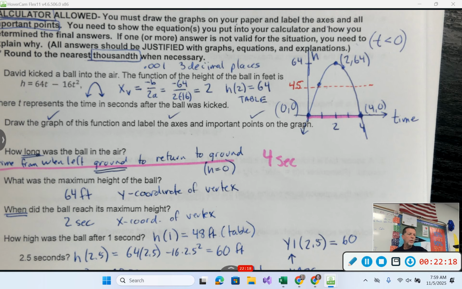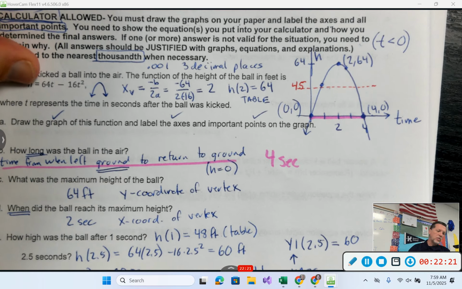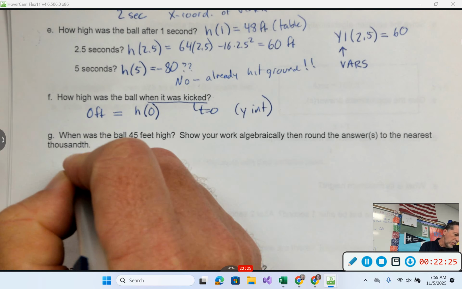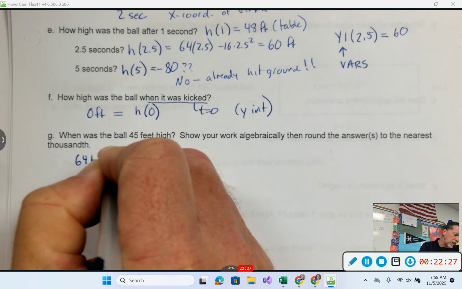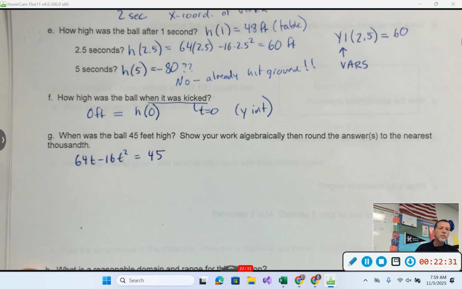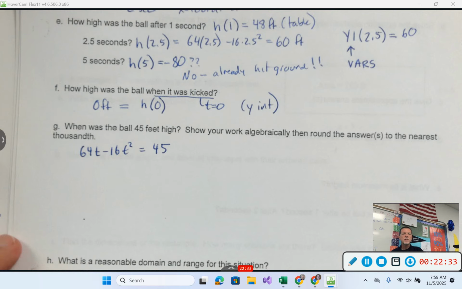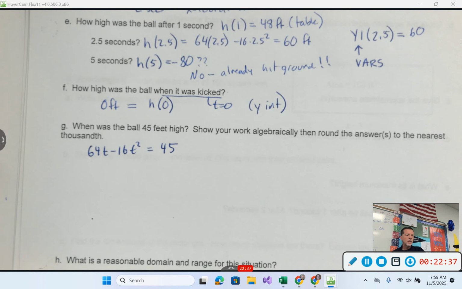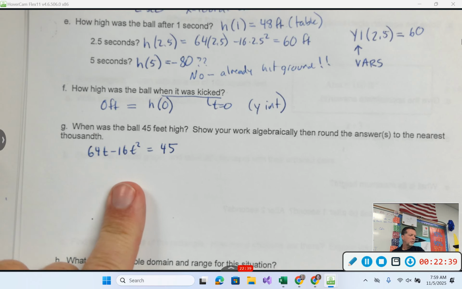So I want to know when the parabola, 64t minus 16t squared, equals 45. Okay, how would you like to solve that?